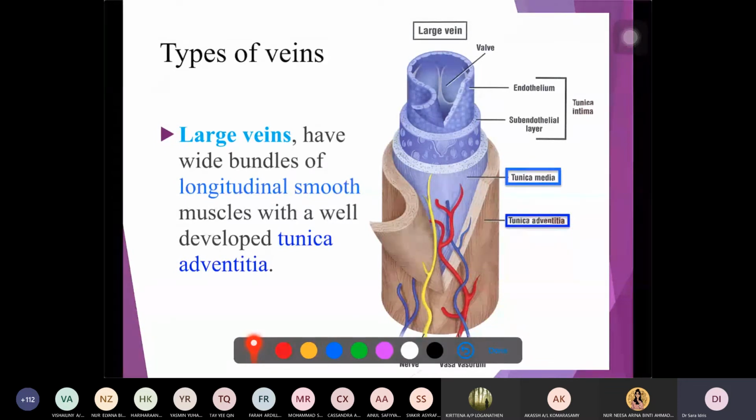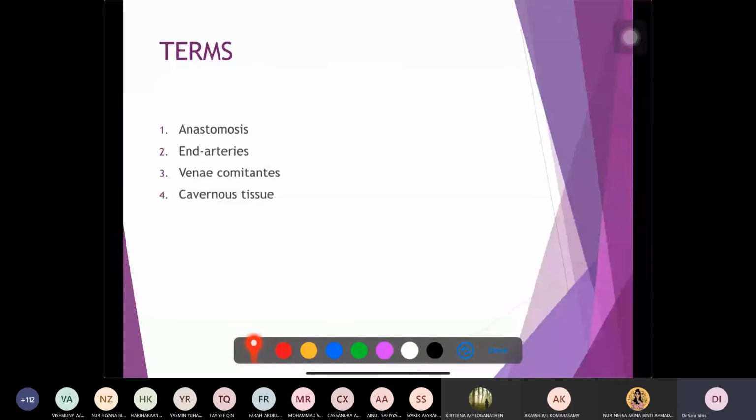You still have the valve, but then you have a lot of smooth muscle, and also the tunica adventitia is very thick, and you can also find vessels embedded in your tunica adventitia, and this is again the vasa vasorum, the vessels of the vessel, the vessels that help to feed the larger vessel. Examples of large veins are your superior vena cava and inferior vena cava.